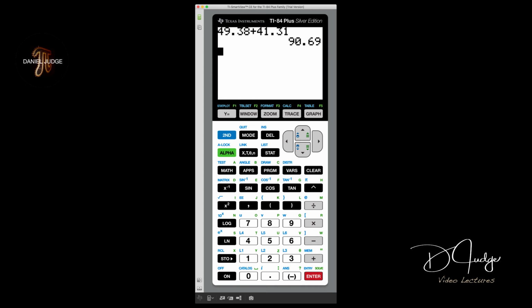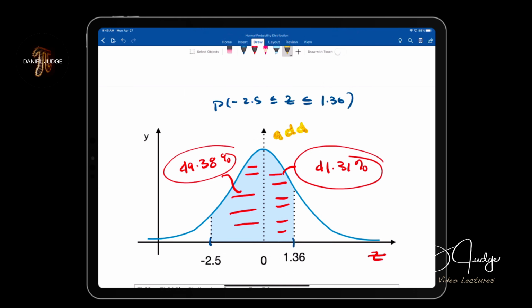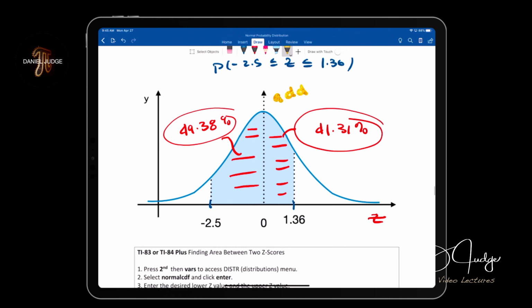And ladies and gentlemen, you end up with 90.69%. Thank you, Jessica. This is what we end up with. Okay. So if we go to the iPad, right? So this is 90.69%. This is the total that we get when we add.